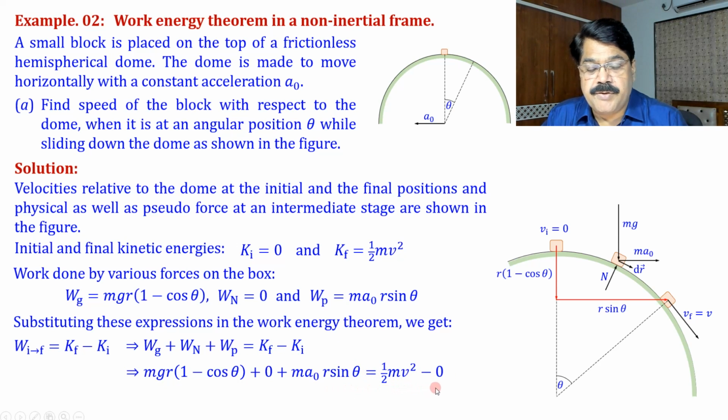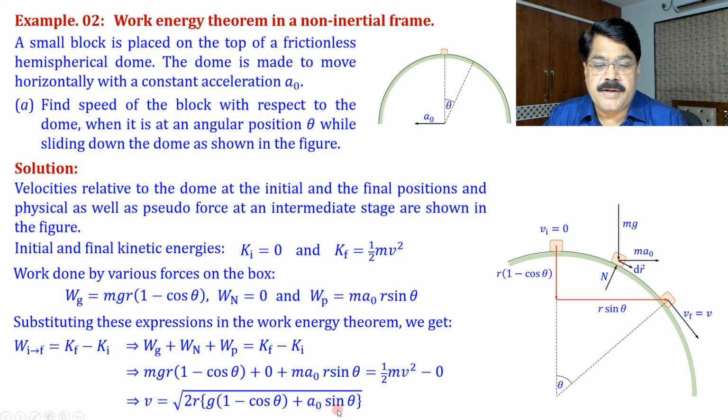By solving this equation, we can find the speed of the box at this angle theta. That will be under root 2r[g(1 minus cos theta) plus a0 sine theta]. You can verify how we obtain this result, and this was again not very difficult. We have demonstrated how we can apply the work-energy theorem in a non-inertial frame, particularly in circular motion.